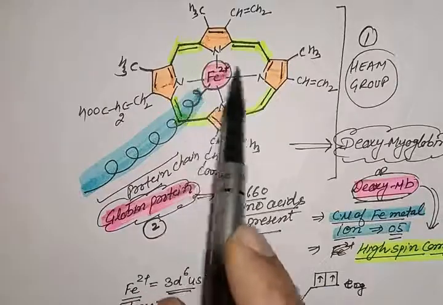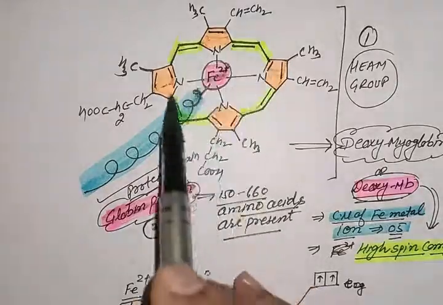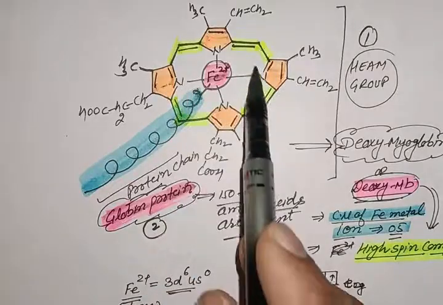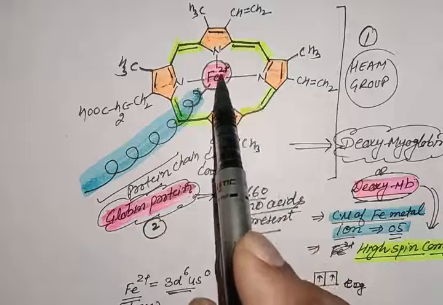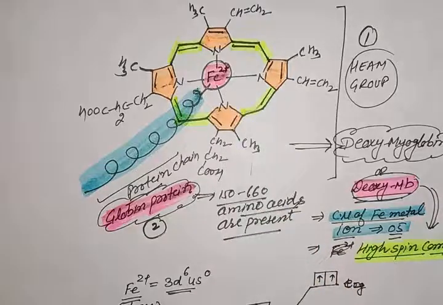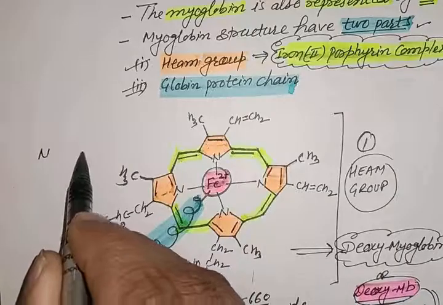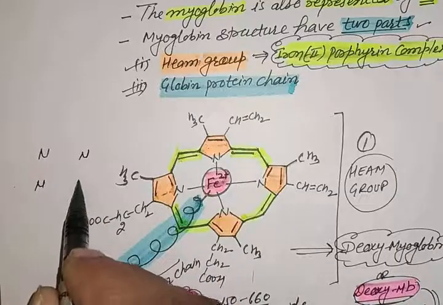When the four nitrogen atoms of the four pyrrole rings combine together with the methane bridge, the size of this cavity or hole is 218, and they form a square planar geometry. Suppose these are the four nitrogen atoms of the four pyrrole rings.